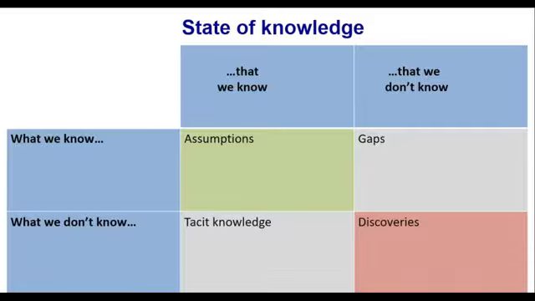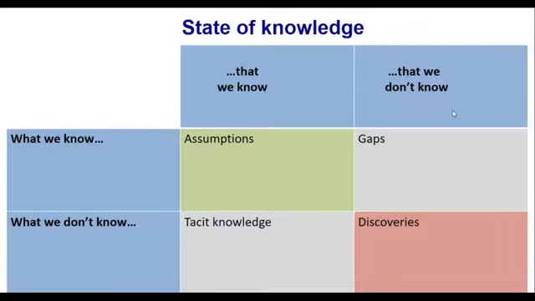So we're going to digress to a little thought exercise. Some of you that have been along to the workshops may recognize a slightly altered version of this that we used. For any particular topic or area of your life, there are a few different states that you can be in. What we know that we know: these are the things where you go, okay, I've got information, I've formed an opinion, it's based on these assumptions.